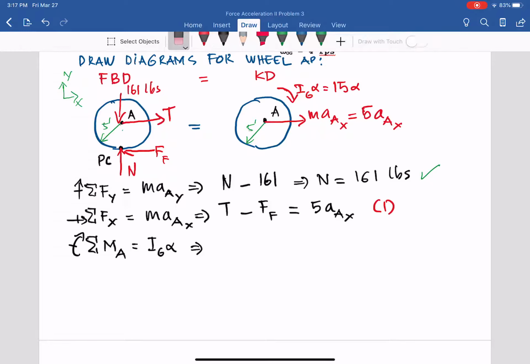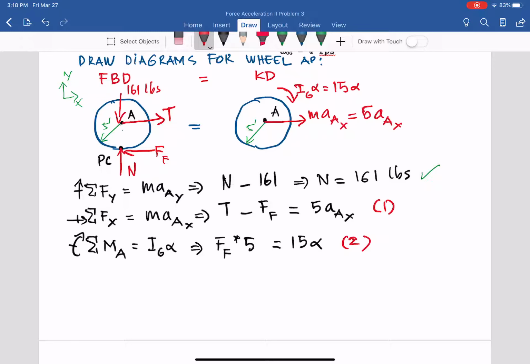So taking moments about A, you have friction force times 5 feet, right? And that's equal to the right side, I_G alpha, so it will be 15 alpha.